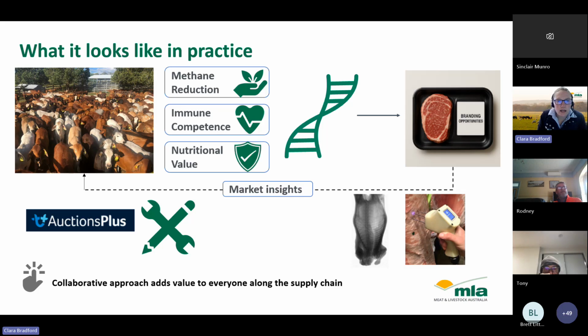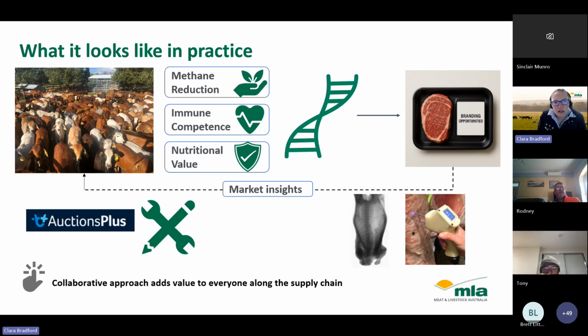And then we can collect additional traits, such as methane, immune competence, even nutritional value of those animals, utilize DNA technologies and feed that through the supply chain, which can ultimately lead to new branding opportunities for our partners that are at the other end of the supply chain.